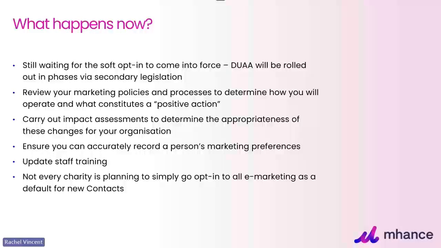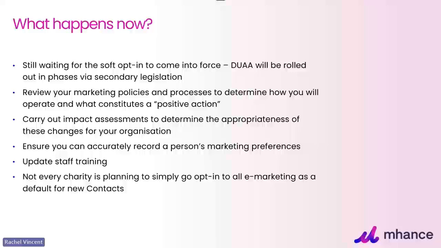You have to wait, and it's really important that you keep an eye on sources like the ICO. Potentially the fundraising regulator will be offering guidance, but obviously your data protection officers and any legal advice that you get around that, keep in contact with them, keep monitoring as to when this actually comes into force.